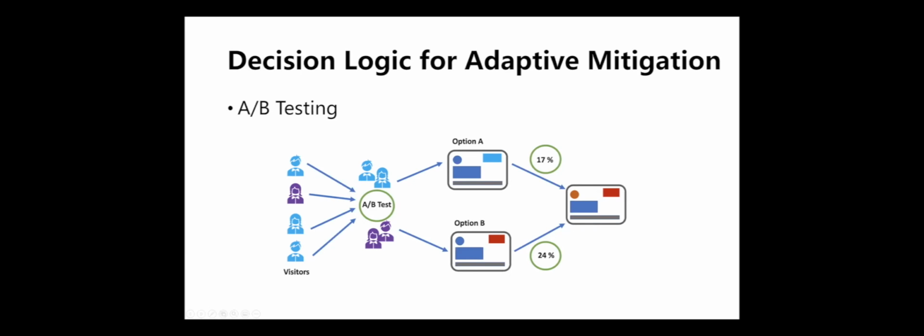So Narya works like this: each predicted node is assigned to different action groups with equal probability. And after taking each action, they measure the customer impact within an observation window.